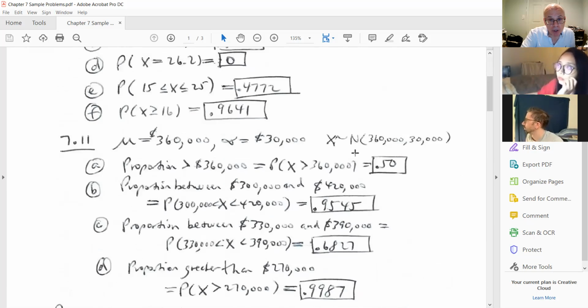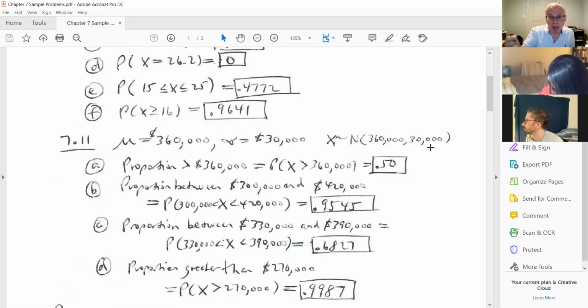Here, we said X is distributed as a normal, mean 360,000, standard deviation 30,000. And notice in 7.11, it doesn't say probability. It says what proportion of the mortgages were. Remember, probability can mean two things.